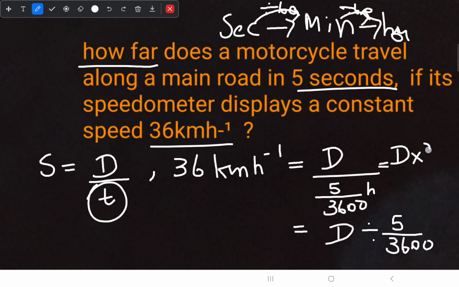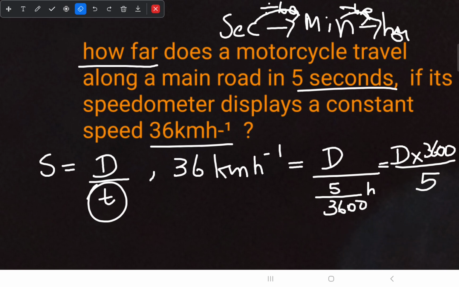That means 3600 upon 5. The division has to be converted as a multiplication. In that case, the right side fraction should become its reciprocal. So it became 3600 upon 5.